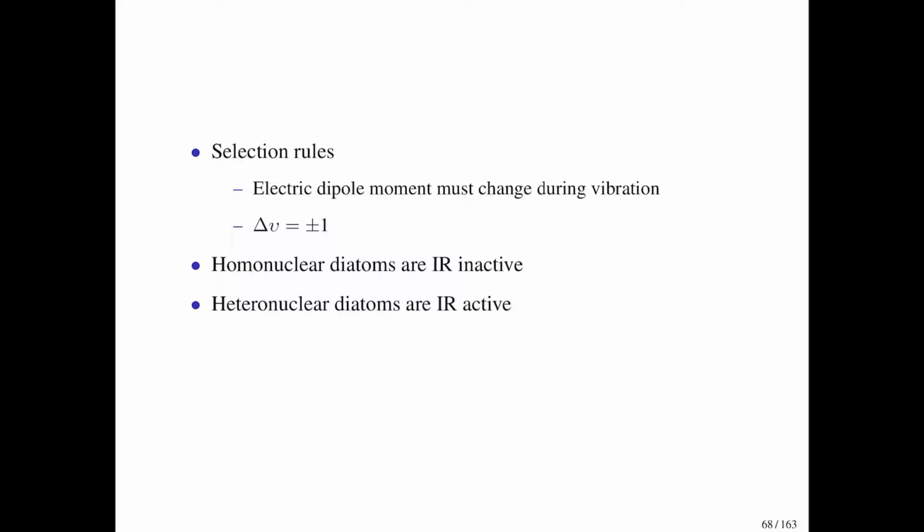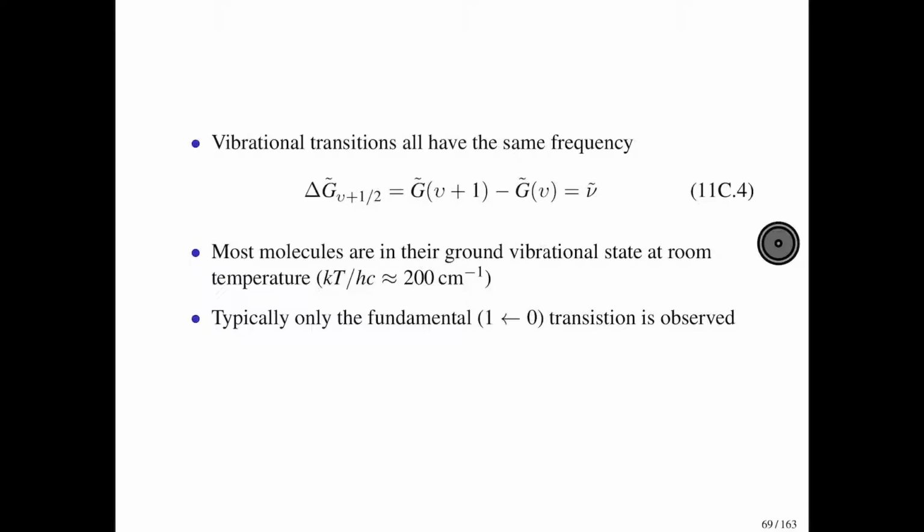The specific selection rule involving the quantum numbers is given here. The quantum number upsilon must change by plus or minus 1. So when you're absorbing infrared radiation, you can only go up or down by 1 quanta of vibrational energy at a time. Here what we're doing is calculating the wave number difference between 2 adjacent terms.